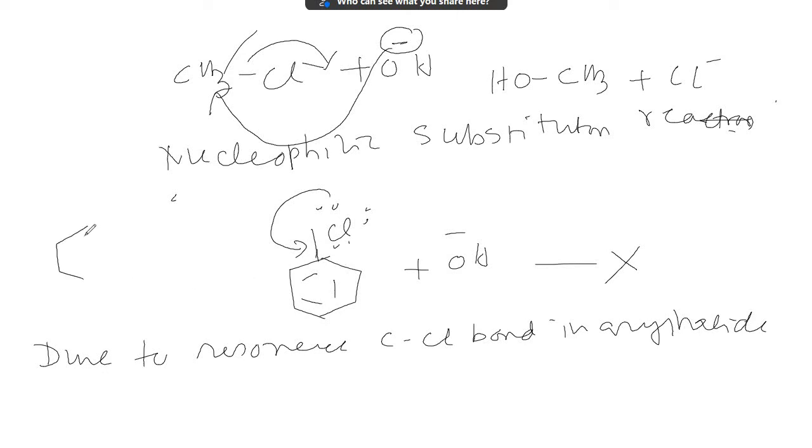The negative charge moves over here, and the ring carries a positive charge. The chlorine attached to the benzene becomes double bonded, which is more stable. Hence replacement doesn't take place as readily as in alkyl halide.